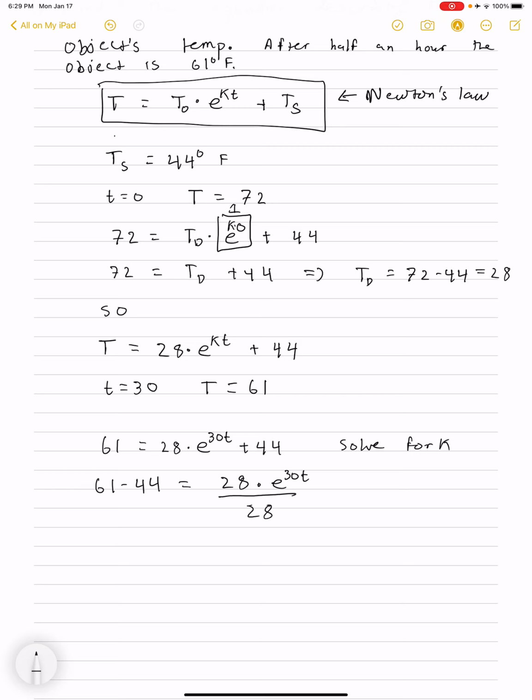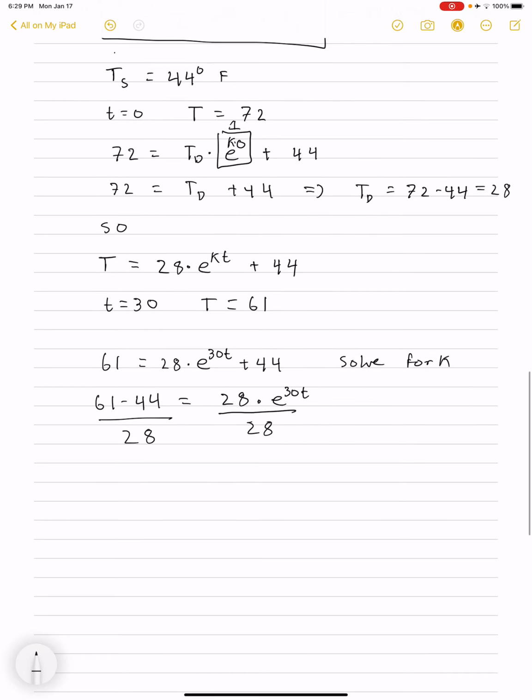Let's divide by 28. So this equation tells us e to the 30k is going to be equal to 17 over 28. Now to solve for k, we get 30 times k is going to be the ln of 17 over 28.